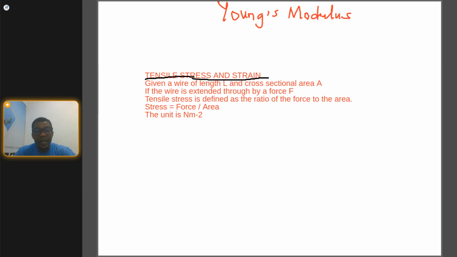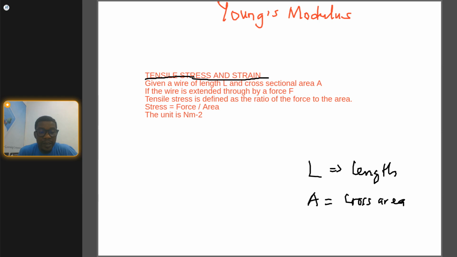We are given a length of wire, with L to represent the length, and A to represent the cross-sectional area.